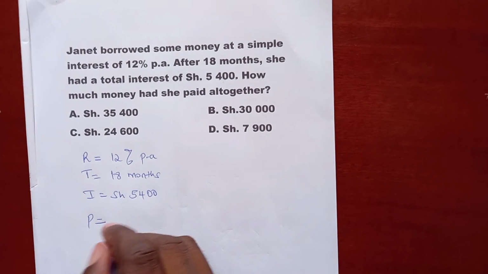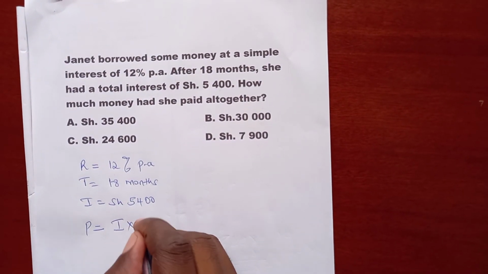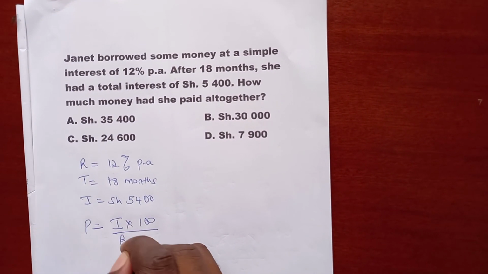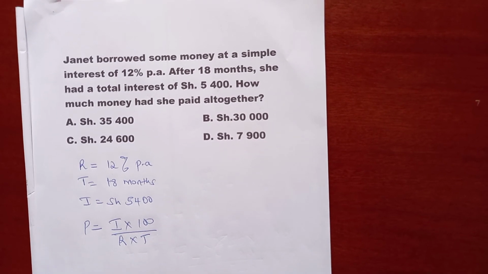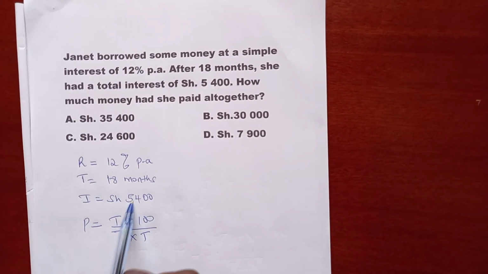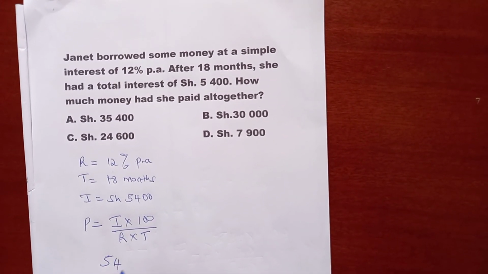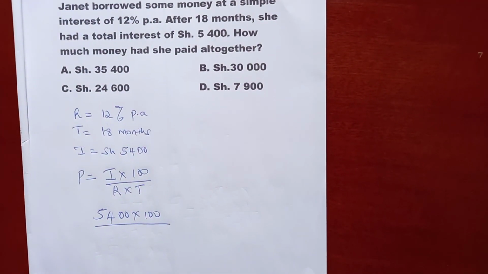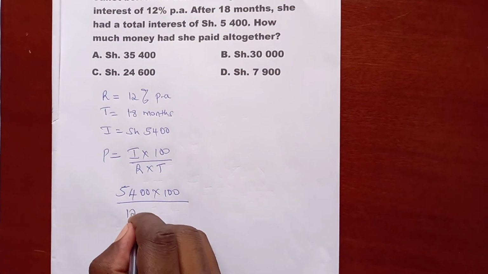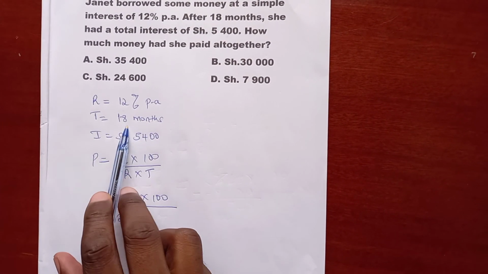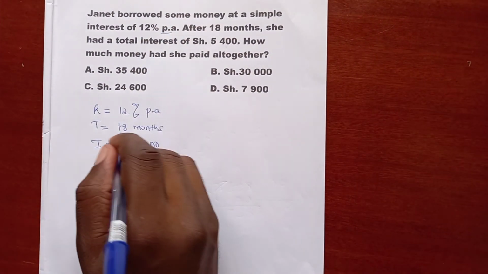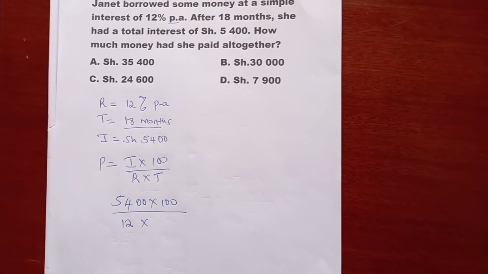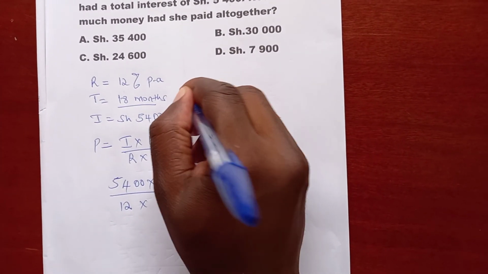Principal is equal to interest times 100 over our rate times time. Our interest is given as 5,400 times 100 all over our rate, which is 12 times time. We are given per annum, so we convert this into years. It is 18 all over 12.